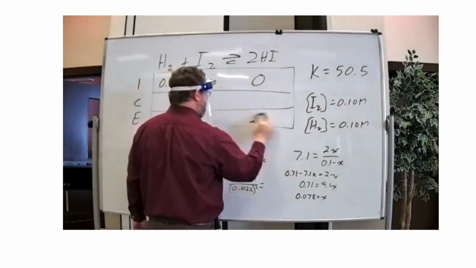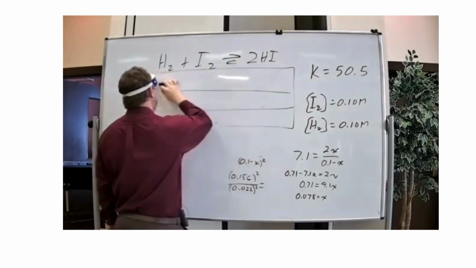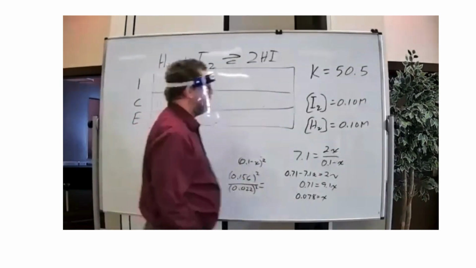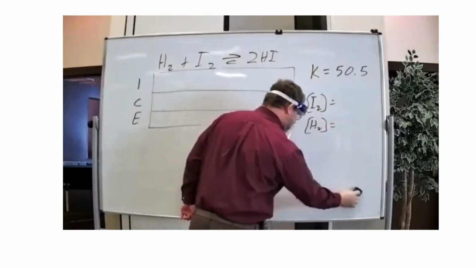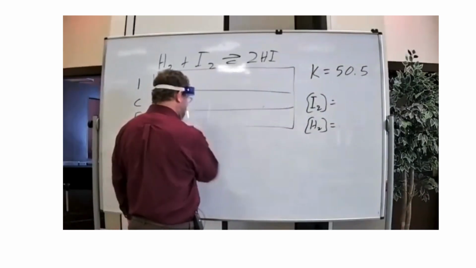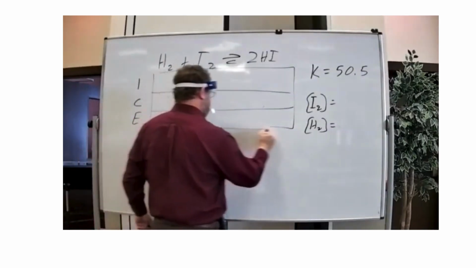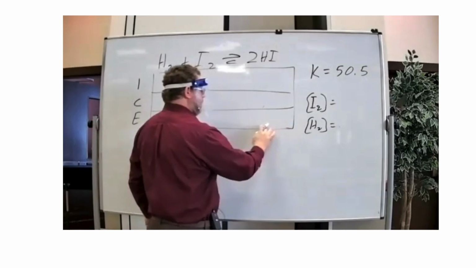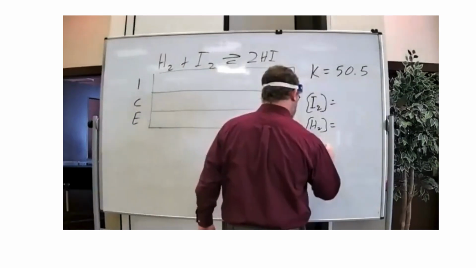But I'm going to use the same reaction and the same value of K just for simplicity's sake. Okay, so the things that I'm going to change are our values of H2, I2, and I'm going to add in HI.